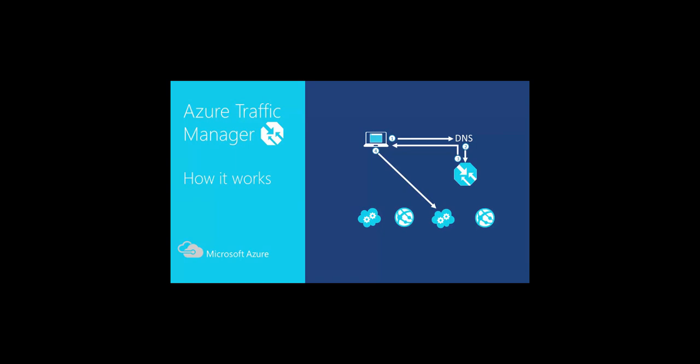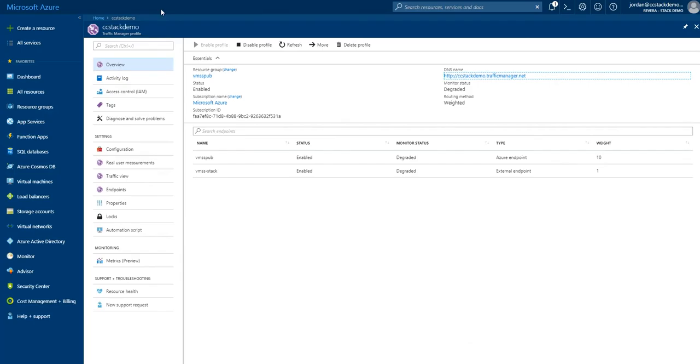Now, one last thing that I'd like to show you that you may be thinking about is why aren't we just running both virtual machine scale sets concurrently all the time? Well, I guess the answer is that that may be desired in some circumstances.